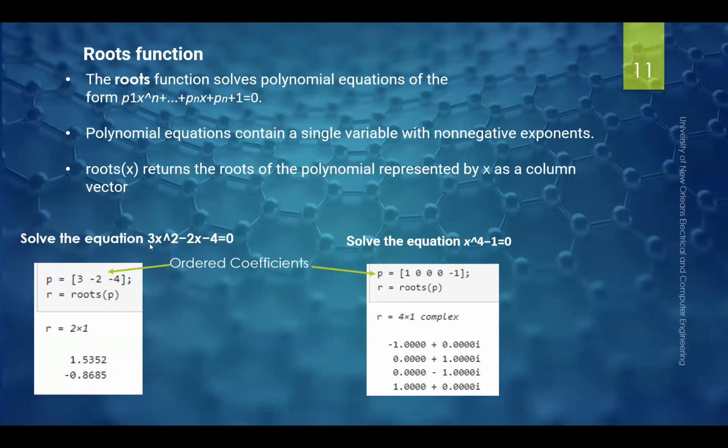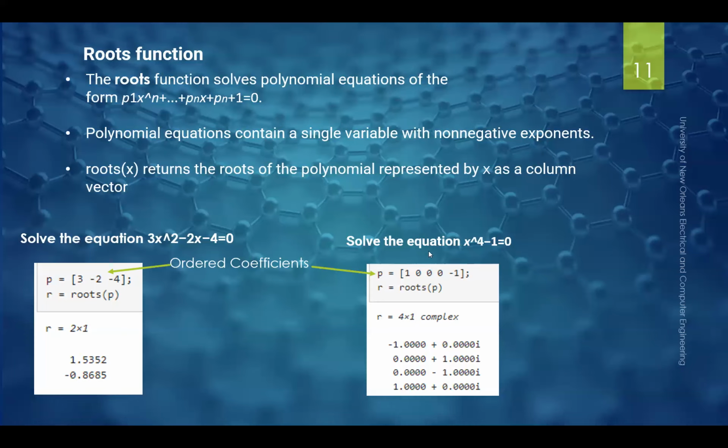So in this example, 3 is the coefficient for x squared, minus 2 is the coefficient for x, and minus 4 is the coefficient for x to the 0, right? And when you call roots, in this case, you're going to put the result in this variable r. Calling it simply results in the roots for that polynomial, and that's the solution for the polynomial, right?